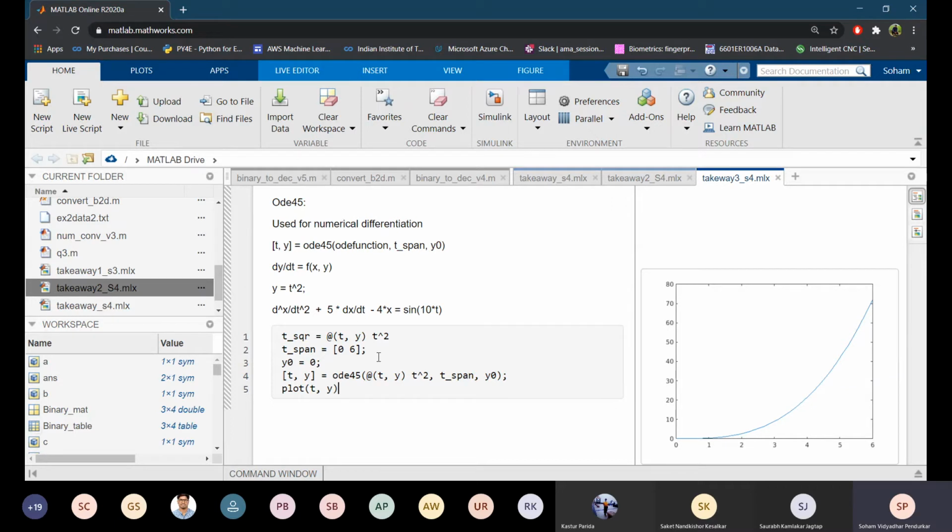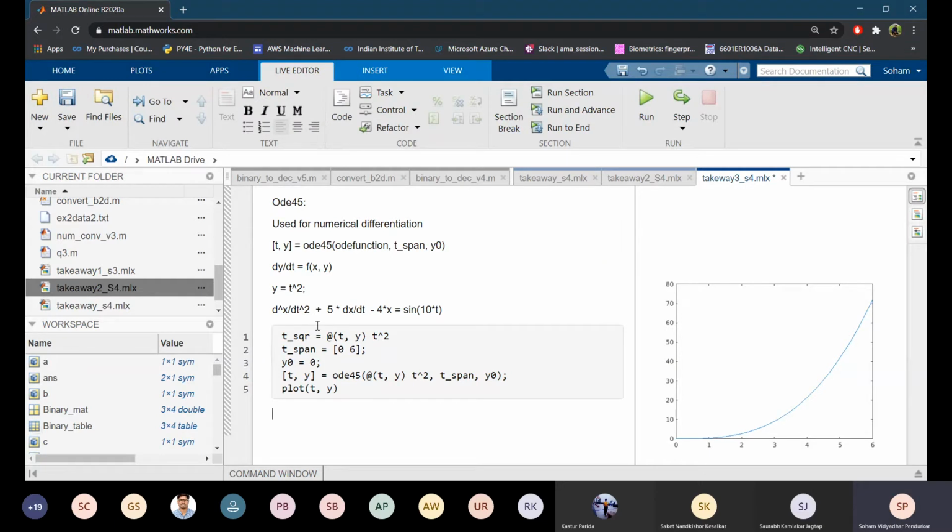If I have this differential equation d2x by dt square, this is not at all in the form dy by dt equals f of x, y. So now we need to rigorously convert it into first order ODEs, in which we can have this kind of form. So how we do that is like this.